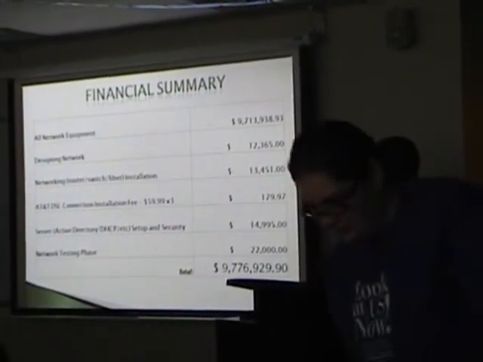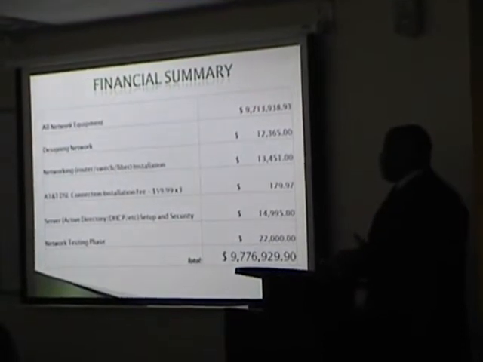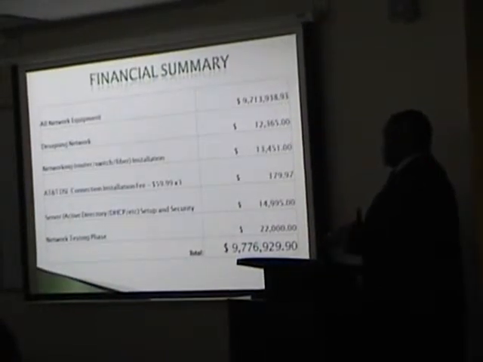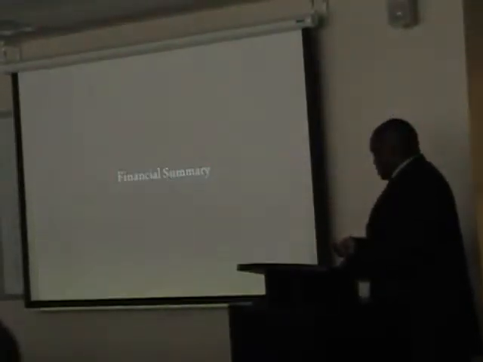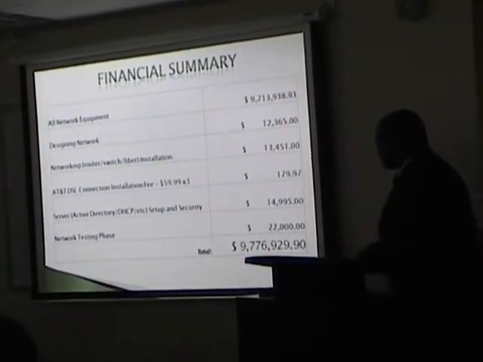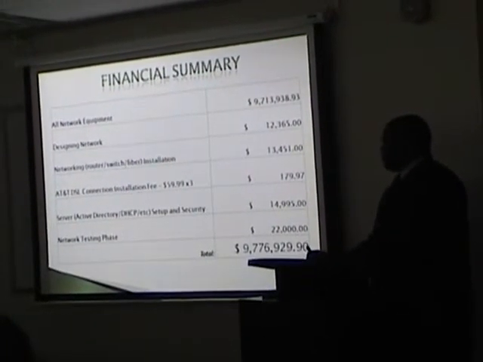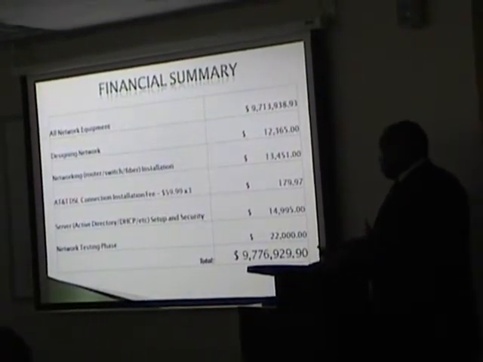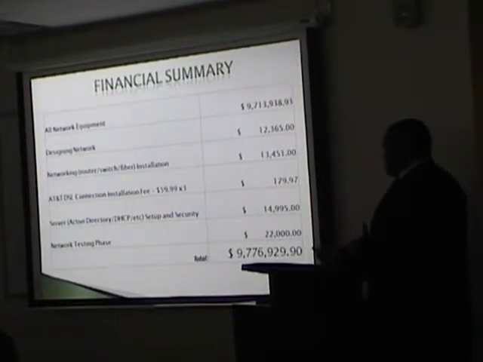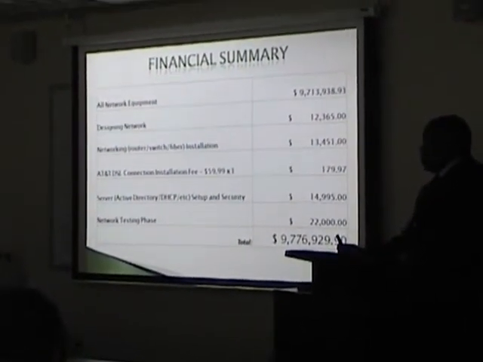And we got the internet, like AT&T and DSL connection installation fee. It will be $59.99 times 3, which is $179.97. The servers, like Active Directory, PHP, etc., when set up and secured at the same time, will cost about $14,995.